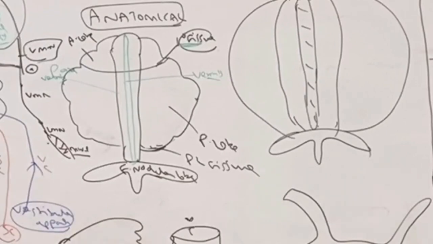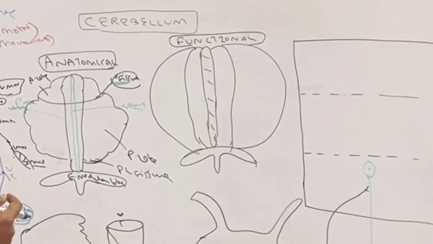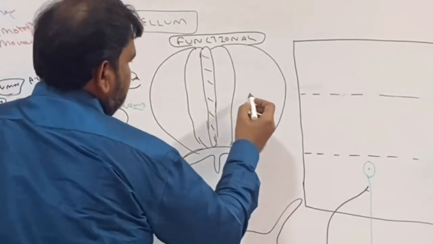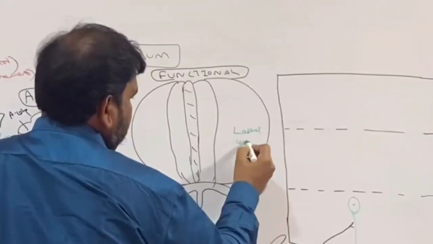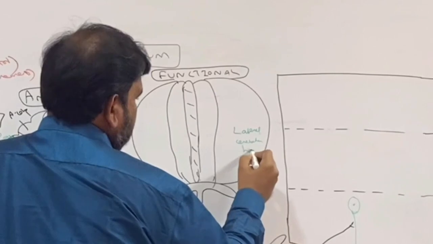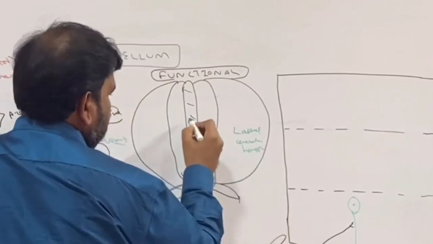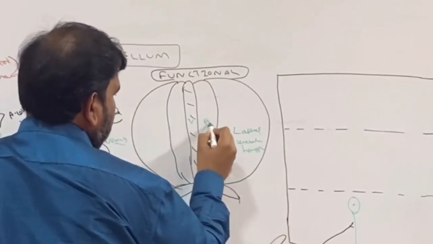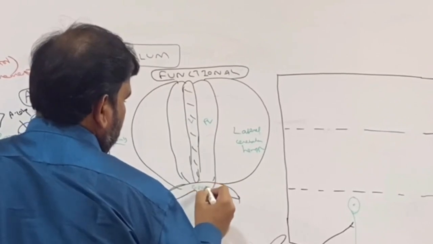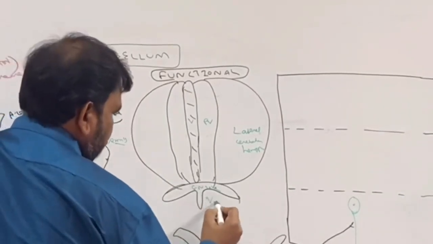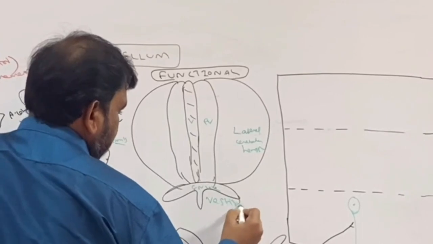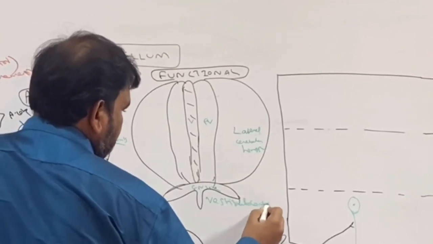Now coming to the functional division. This is the lateral cerebellar hemispheres. This is the vermis, this is the paravermis, this is the flocculonodular lobe. In the functional division, mainly the flocculonodular lobe is the vestibulocerebellum.